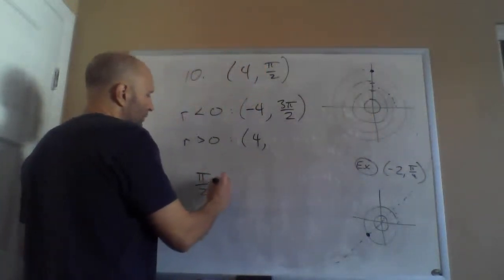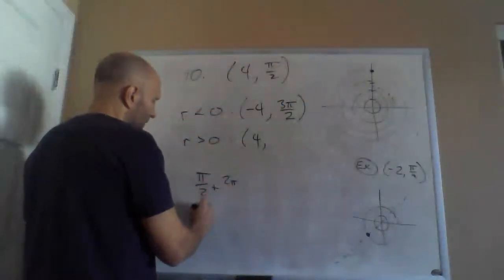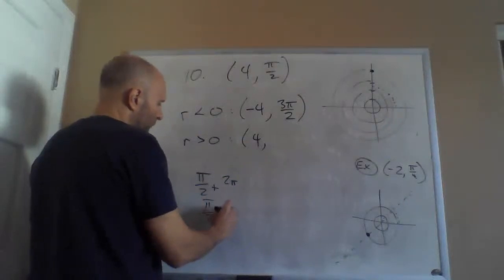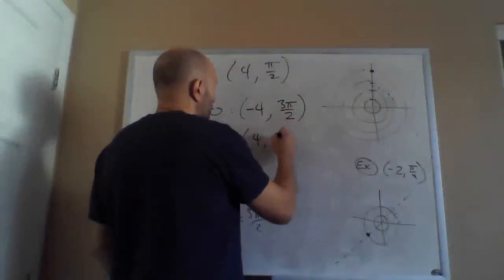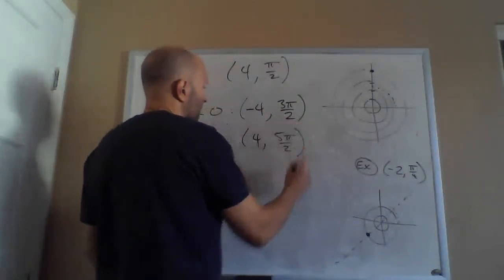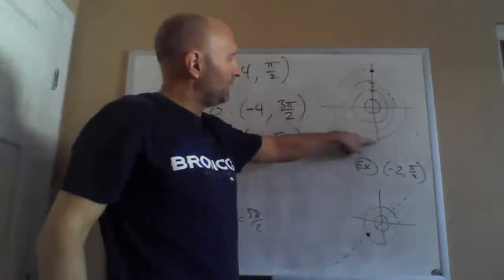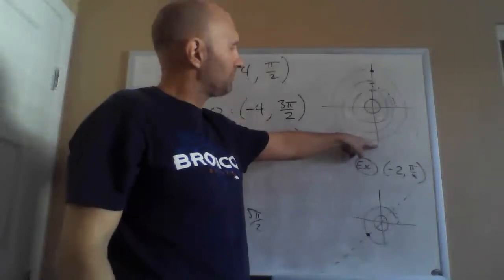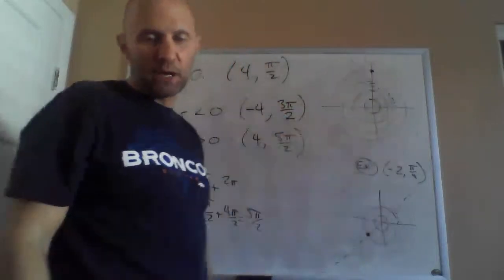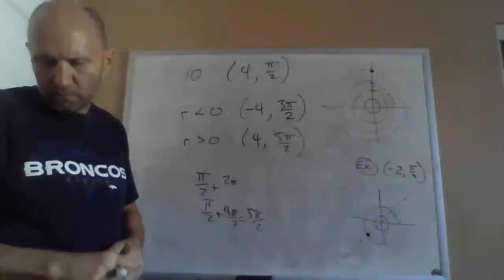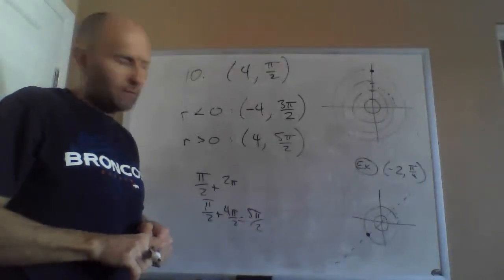So pi over 2 plus 2 pi, that'll get me another time around the circle. So this is pi over 2 plus 4 pi over 2, which is 5 pi over 2. So those would be your two answers. If r is negative, it means we have to be on the opposite side of the graph. If r is positive, it means my theta needs to put me at that location. That makes sense? Questions on that?